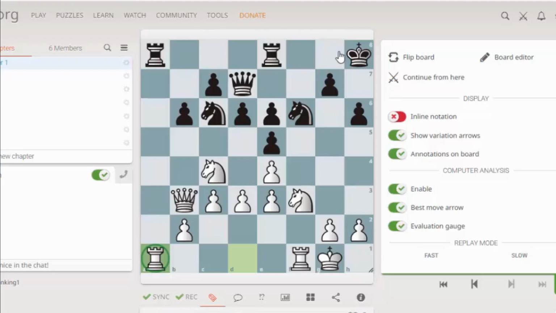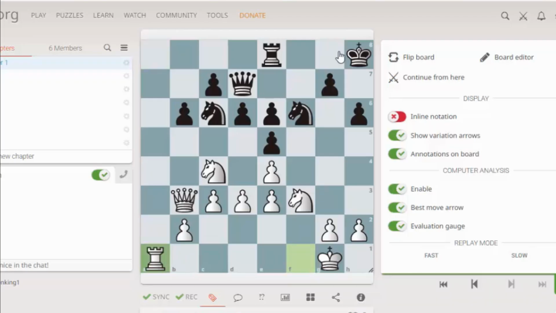No, A1. Yes, Ra1. Now let me capture. Ra8 x a1. Yes, Ra8 x a1.